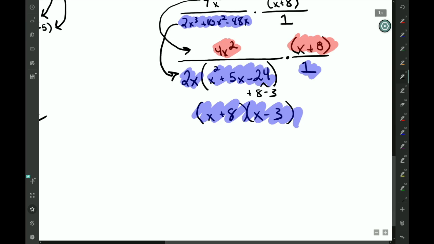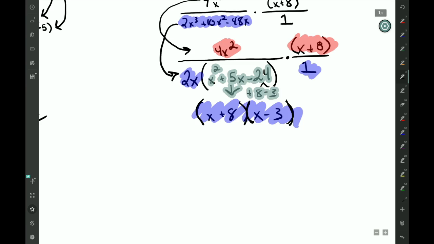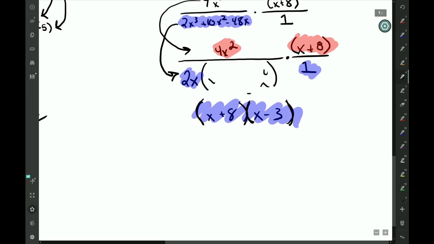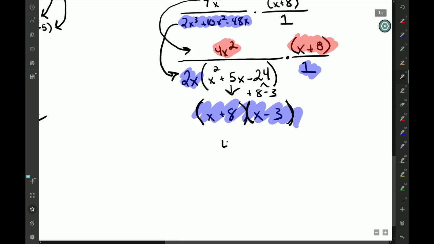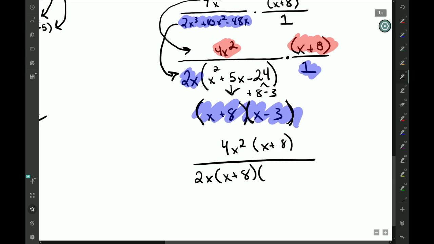Again, this factored out to become both of these. Okay, so really, this is no longer there. It's replaced as that. So your fraction right now looks like 4x squared times x plus 8 all over 2x, x plus 8, x minus 3.